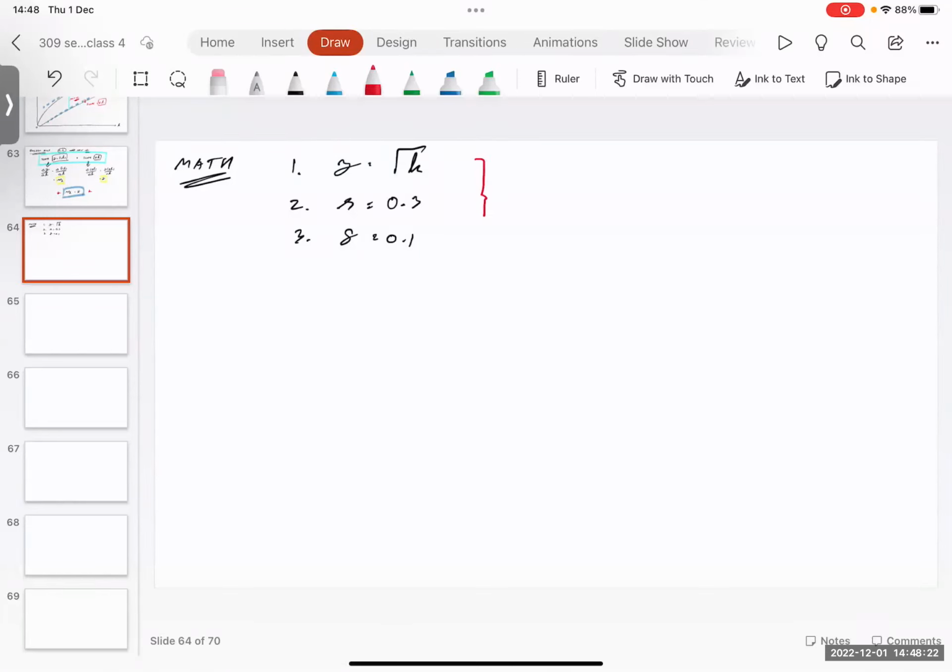We used these three pieces of information to find the steady state point. The result that we got: k at the steady state point equal to 9, y at the steady state point equal to 3, consumption at the steady state point equal to 2.1, investment and saving equal to 0.9. This is what we did before.